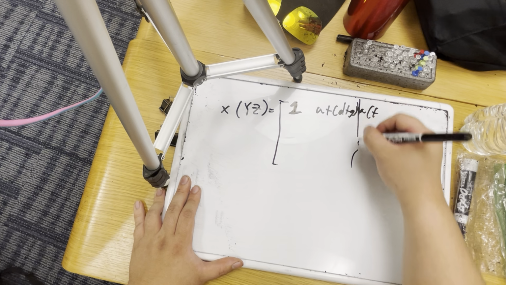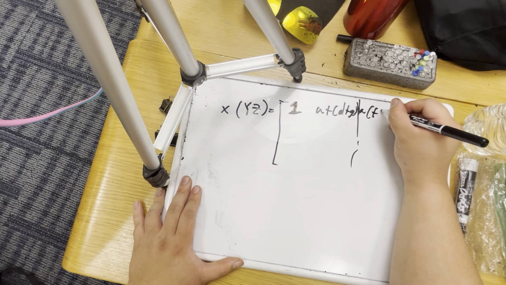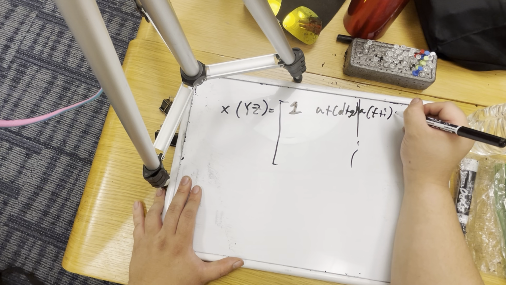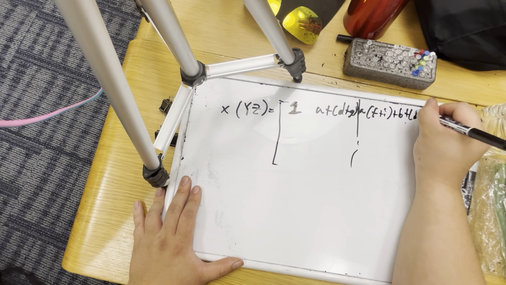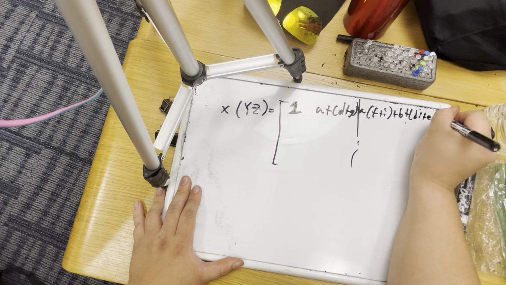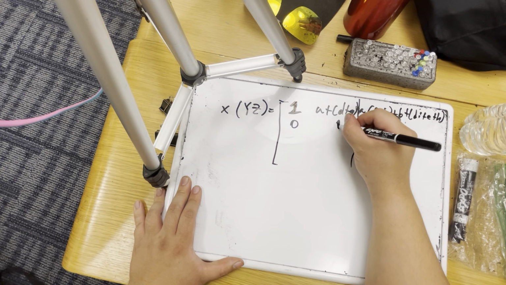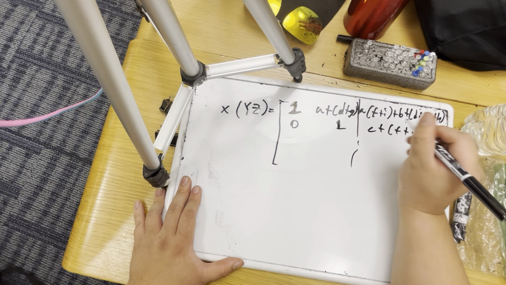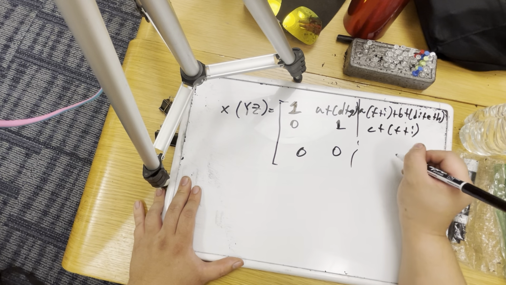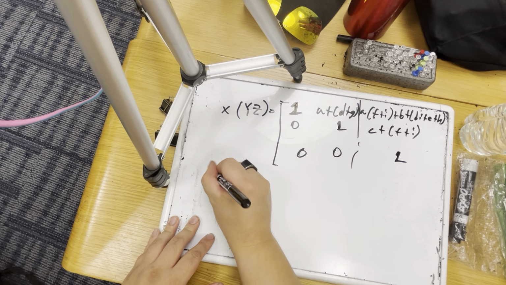So that's just there to show their separation. So a times open parentheses f plus i close parentheses plus b, plus open parentheses di plus e plus h close parentheses. Then we have 0, then we have 1, then we have c plus open parentheses f plus i close parentheses, 0, 0, 1, right?